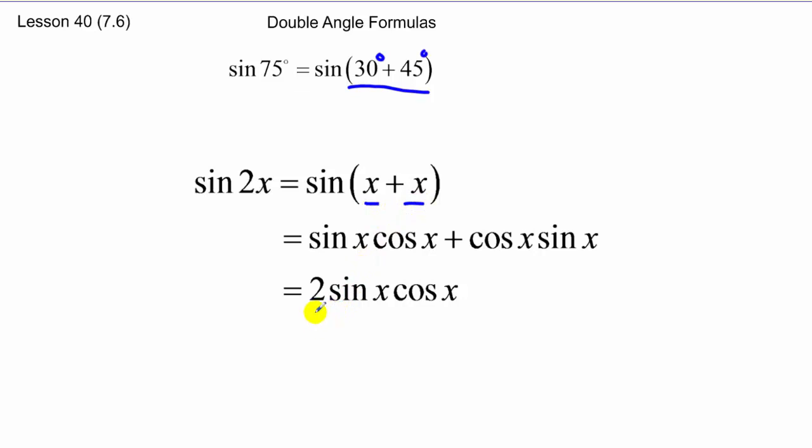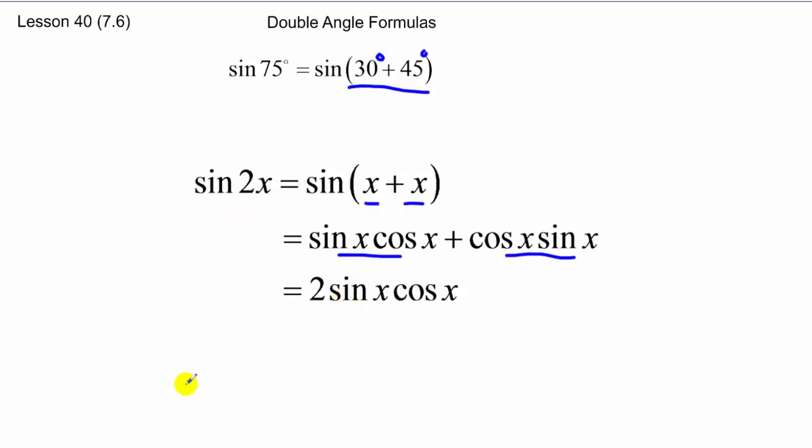Well, I could use sum and difference and say the sine of the first angle x times the cosine of the second angle, which is also x, plus the cosine of the first angle x, sine of the second angle x. You'll notice because of the commutative property of multiplication, these two terms are actually the same.